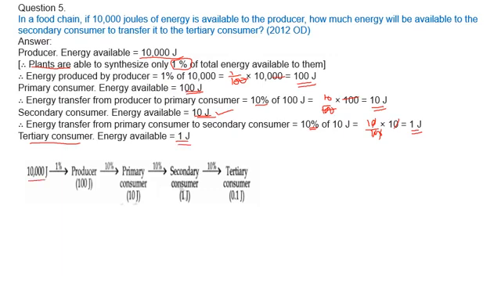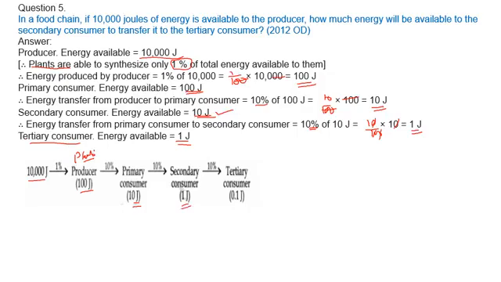So if you see in this chart, 10,000 joule is available for the producer, that means for the plants. Then the primary consumer will be getting 10% of the 100 joule, so they will be getting only 10 joule. 10% of 10 joule will go to the secondary consumer, who is going to have only 1 joule.